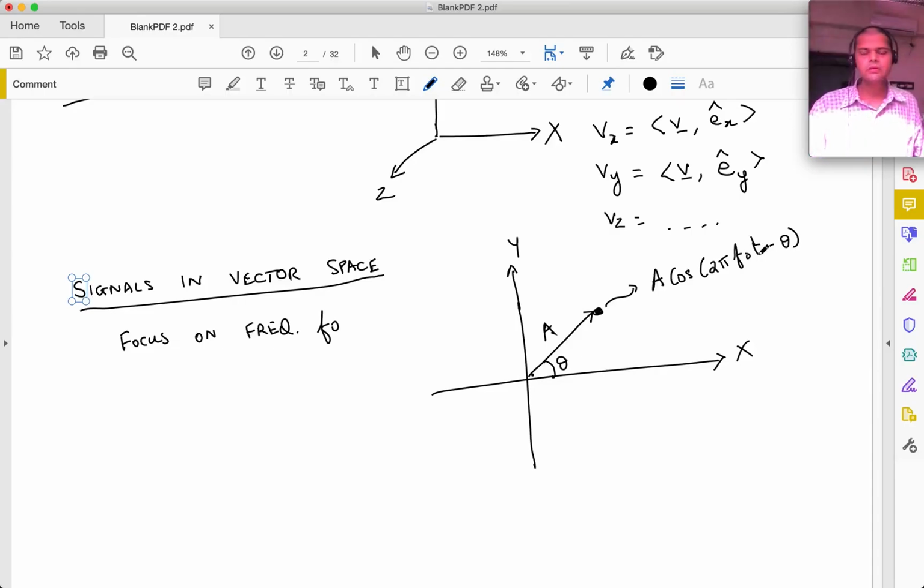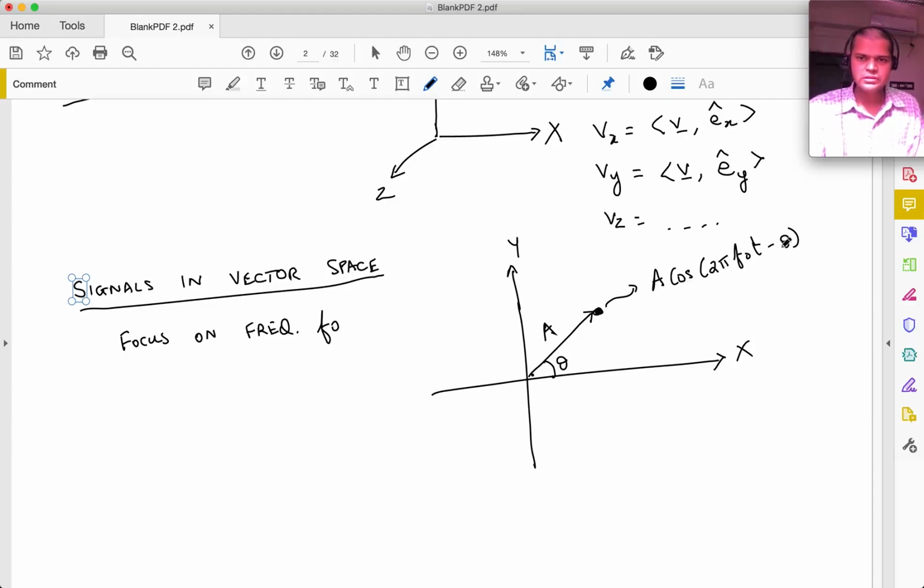Let's say I do it this way. So suppose I do it that way. Essentially any signal that I am transmitting can be represented as a point in this vector space.